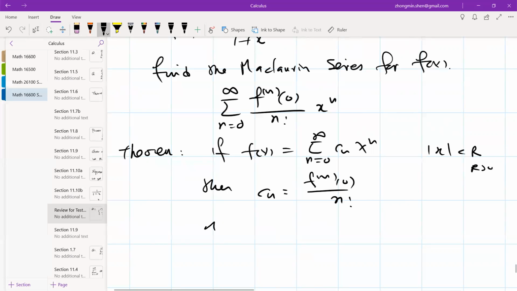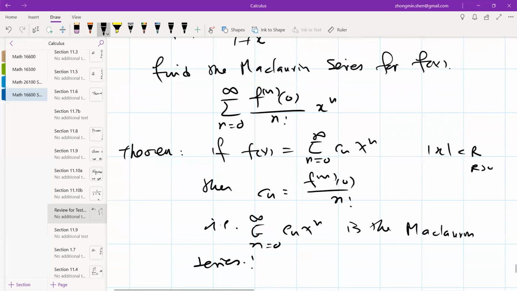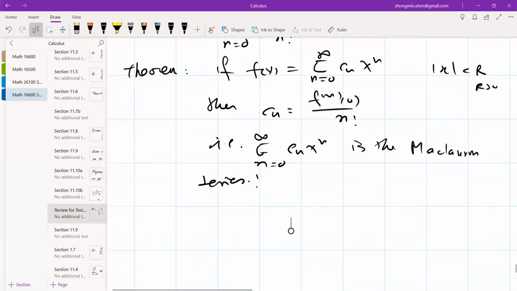That is, this is going to be the Maclaurin series. Right, so that's the Maclaurin series.